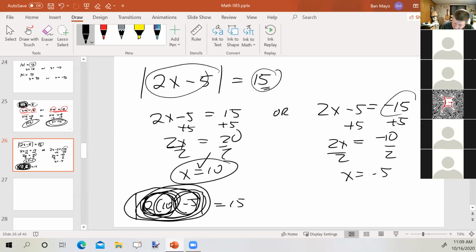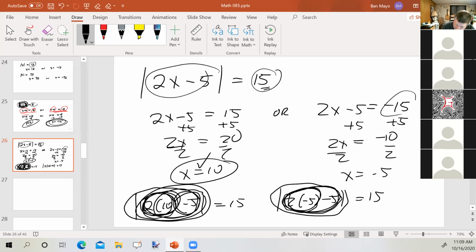Check. Let's take x as -5. What's 2 times -5? -10. What's -10 minus 5? -15. What's the absolute value of -15? 15. Check. I'm having fun drawing circles or ovals or whatever.